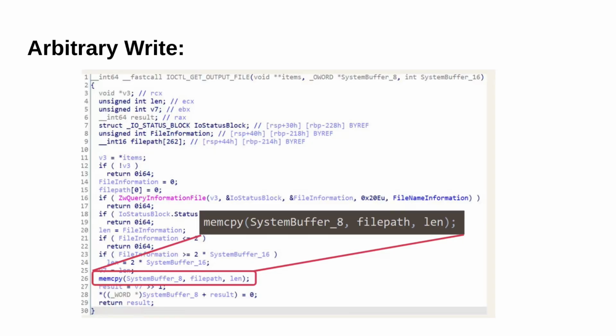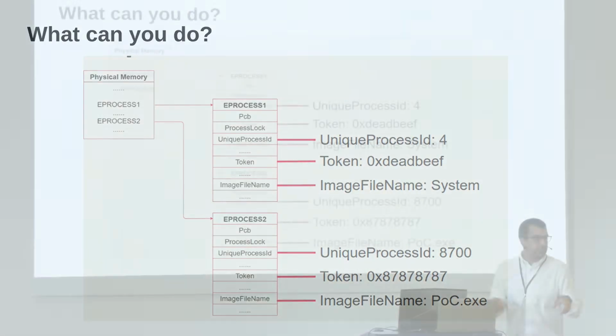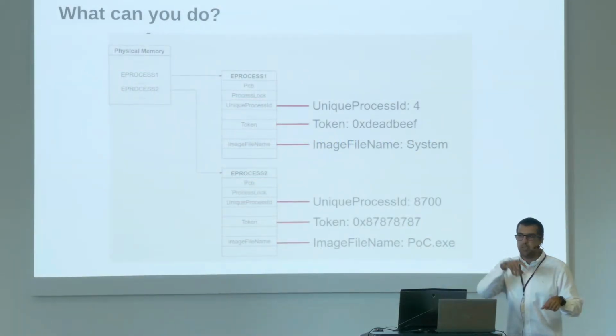Okay, but what can you do with that? So what can you do with this? A typical POC: when you say an overflow or heap overflow, what you typically see in user mode is a calc, right?